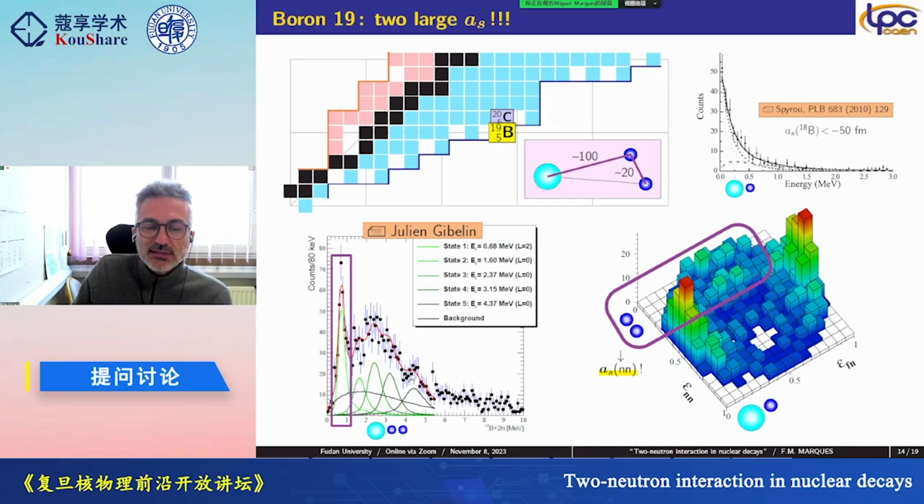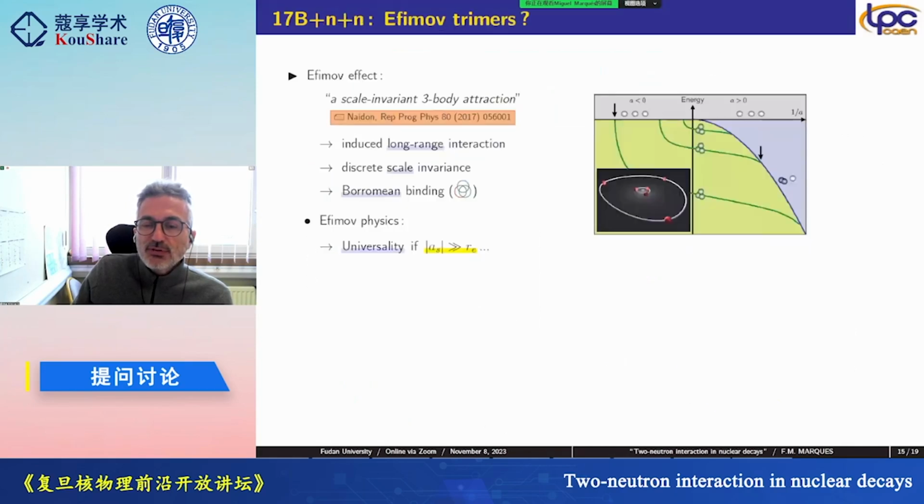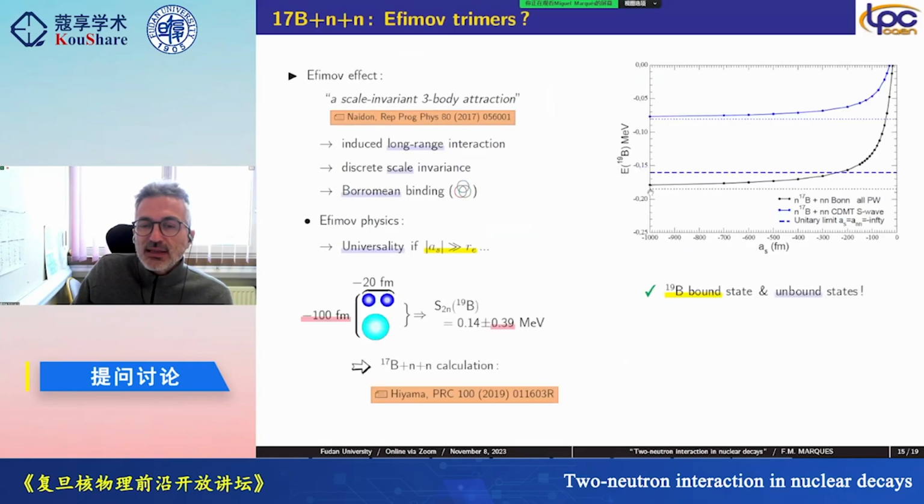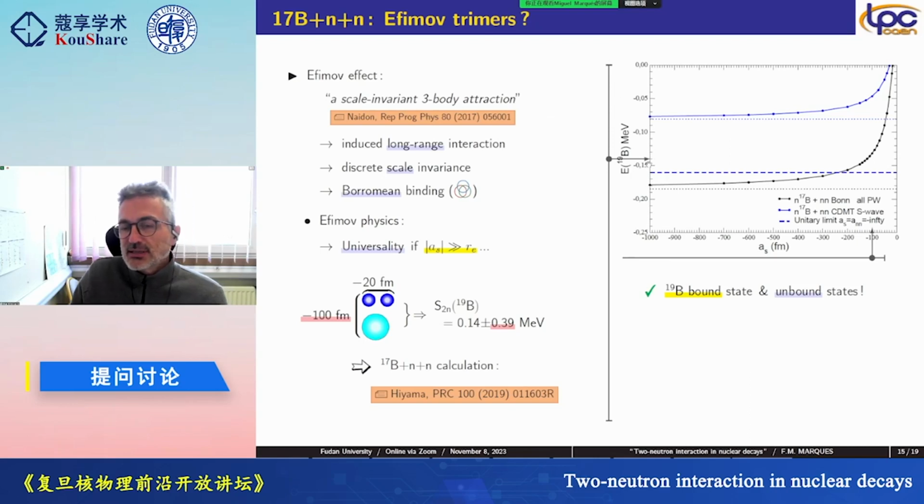The problem is that the three-body model of Hiyama-san has a lot of free parameters. So trying to do a detailed study of unbound states, they depend a lot on the exact value of the scattering length here. And also we don't know what the binding energy is.